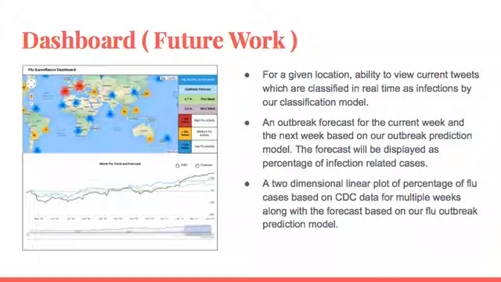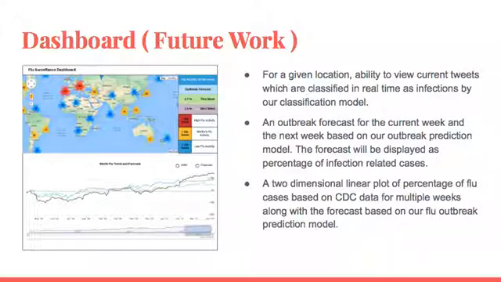Then there will be the dashboard, which will be our future work. For a given location, we want the ability to view the current tweets which are classified in real time as infection by our classification model.